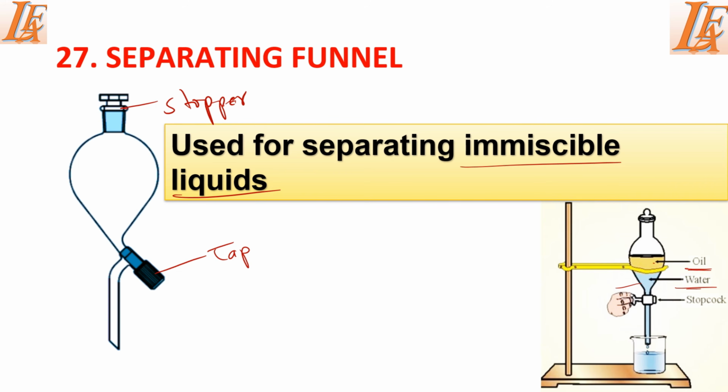Therefore, it means water has high density, then oil has low density. Therefore, if you open your tap, the water will drop into this beaker, leaving behind oil. That makes a separating funnel a perfect apparatus for separating immiscible liquids which cannot mix.